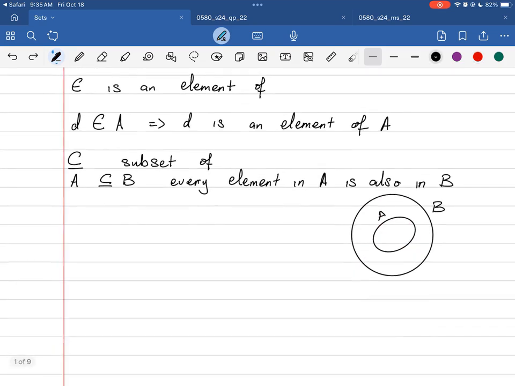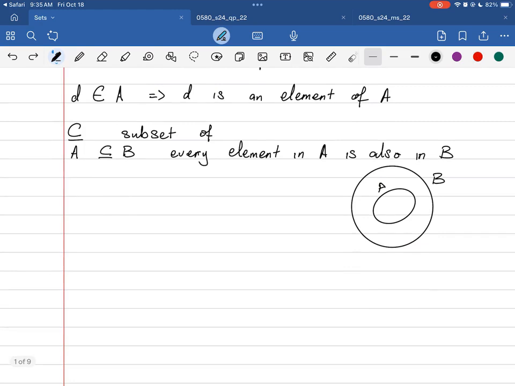If you have this, it means a proper subset.